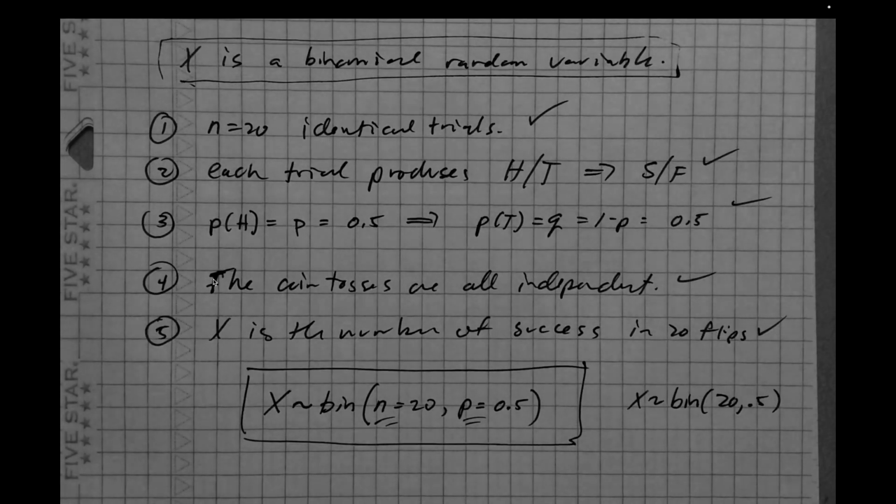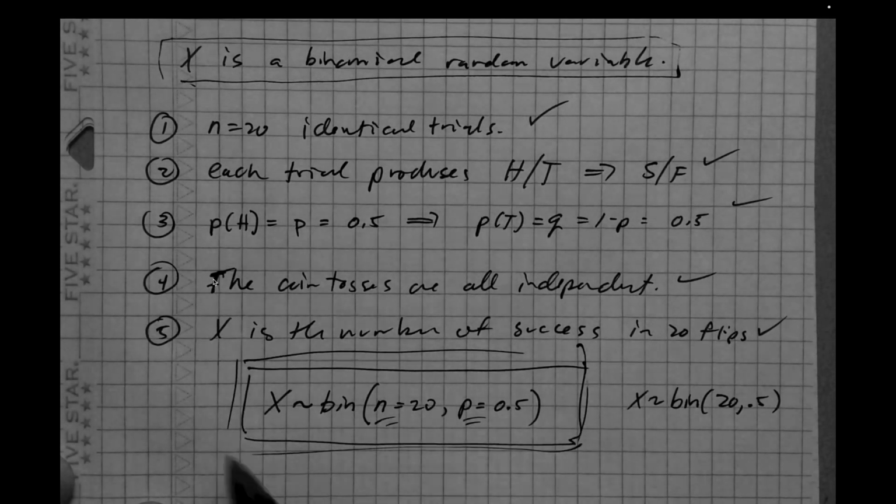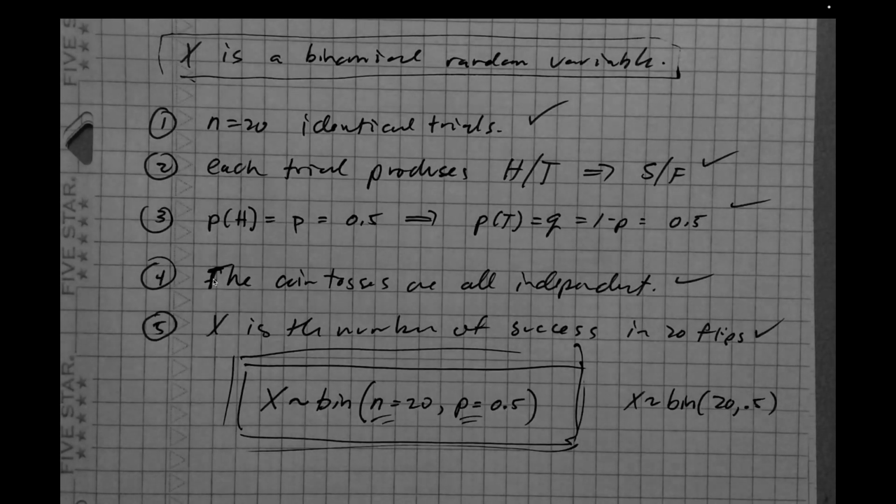This is notation that you'll want to get used to. It's very convenient. Sometimes you'll have a group of random variables, and they may not all have the same distribution, so you'll want to be able to label them. Very good. Now let's talk through what the probability distribution of x actually looks like.